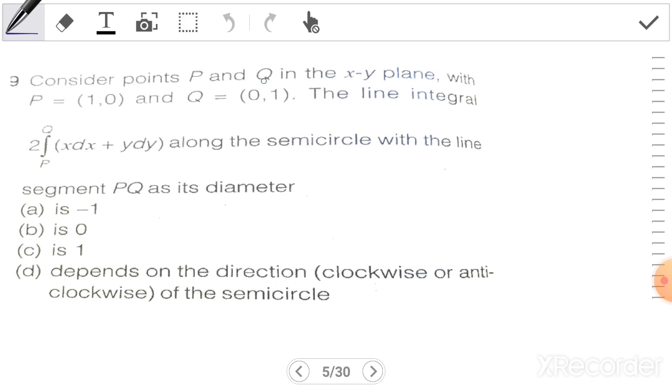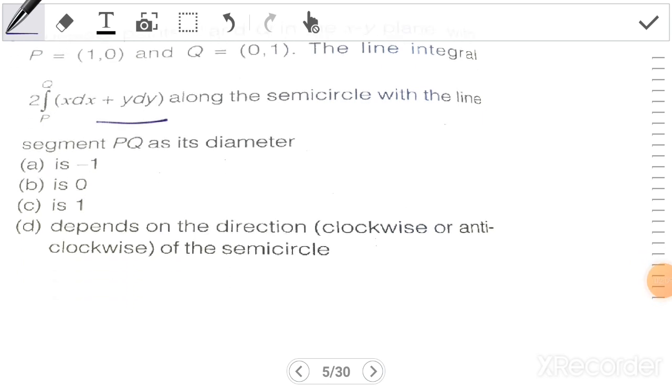Consider points P and Q in the xy plane. The line integral along the semicircle with the line segment PQ as its diameter. So this is again the problem on independence of path.